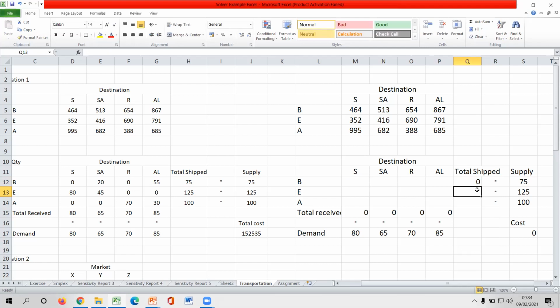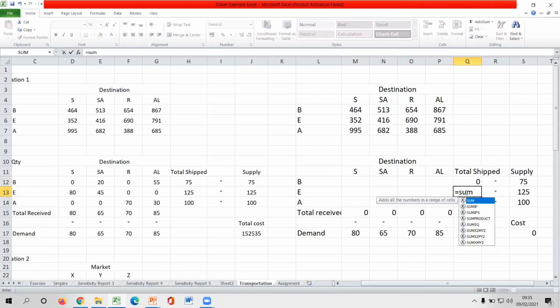Similarly, factory E has a 125 supply amount. That 125 needs to be distributed among these four markets. Therefore, this total shipment needs to equal the summation of these four market demand requirements.